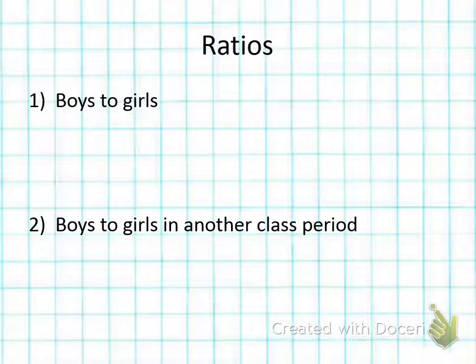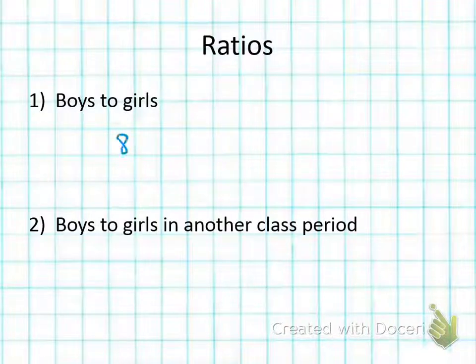So, ratios. Okay, good one is ratio. So in our class, let's do the ratio of boys to girls. So how many boys are there? We got 1, 2, 3, 4, 5, 6, 7, 8. Did you count yourself? Okay, so we got 8 boys.